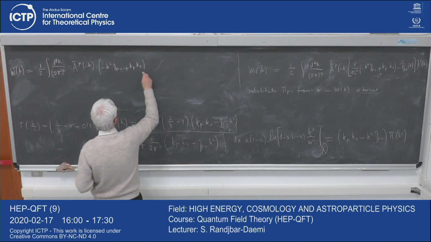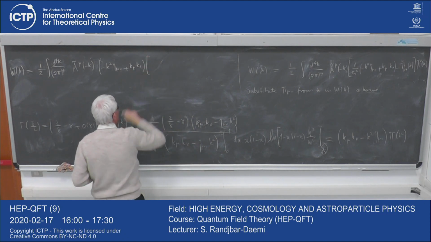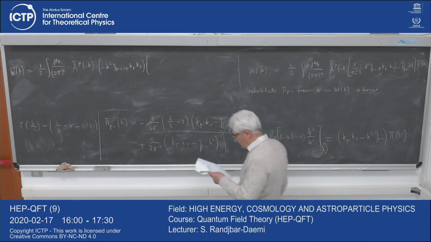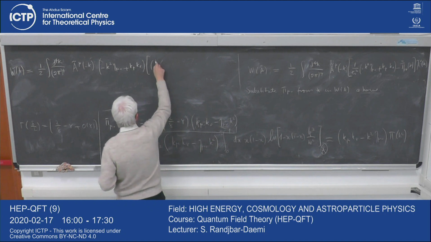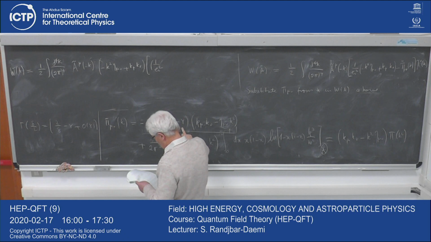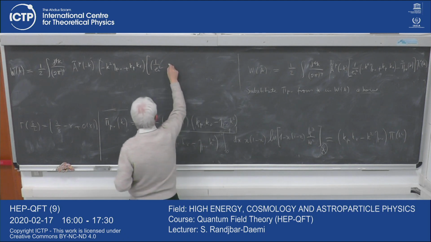Then in the coefficient of this term, there will be 1 over e0 squared coming from there. Then there will be this quantity from here.